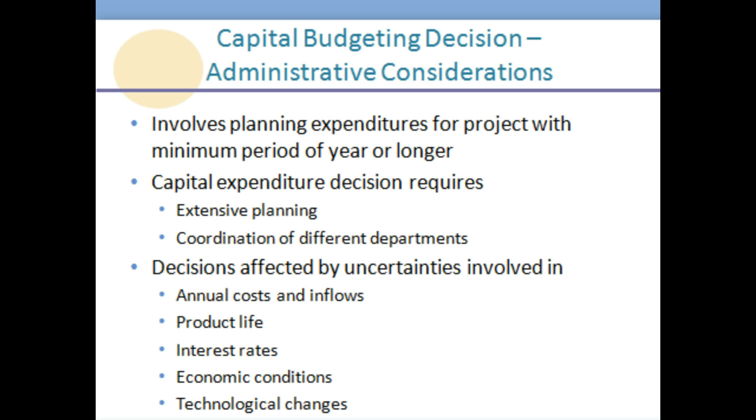The differing time periods of inflows and outflows require present value analysis. And the longer the time horizon associated with the capital expenditure, the greater the uncertainty. And some areas of uncertainty are product life, interest rates, economic conditions, technological change, and annual costs and inflows.